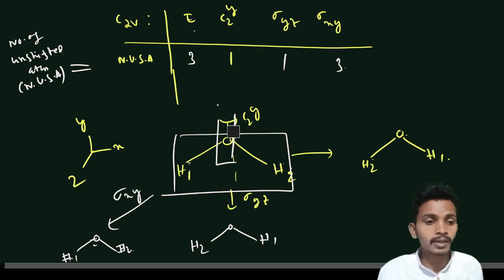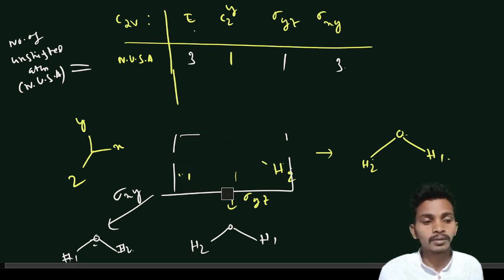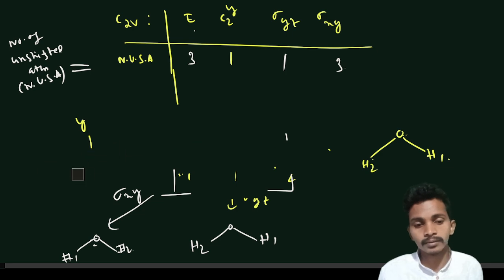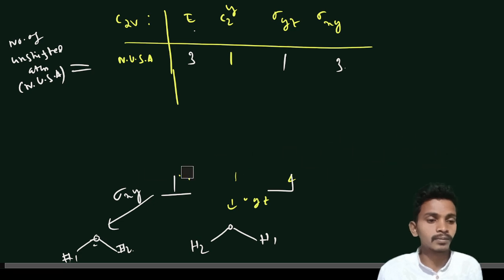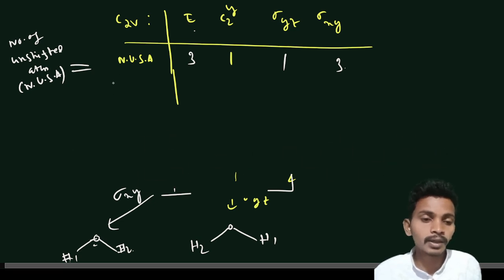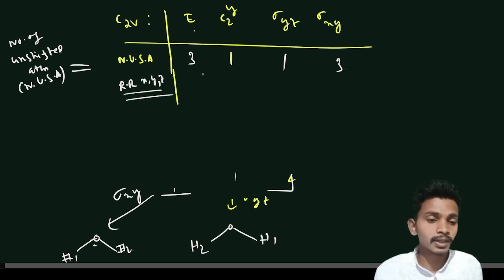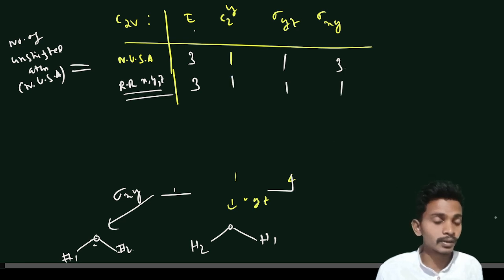After that we apply the reducible representation for XYZ basis. For E that is 3, for C2Y that is -1, for sigma YZ that is 1, and sigma XY also 1.